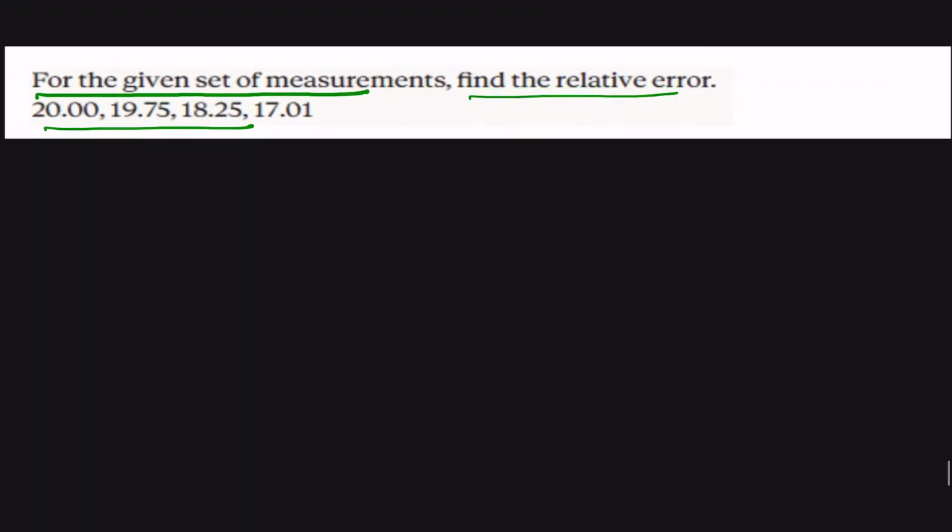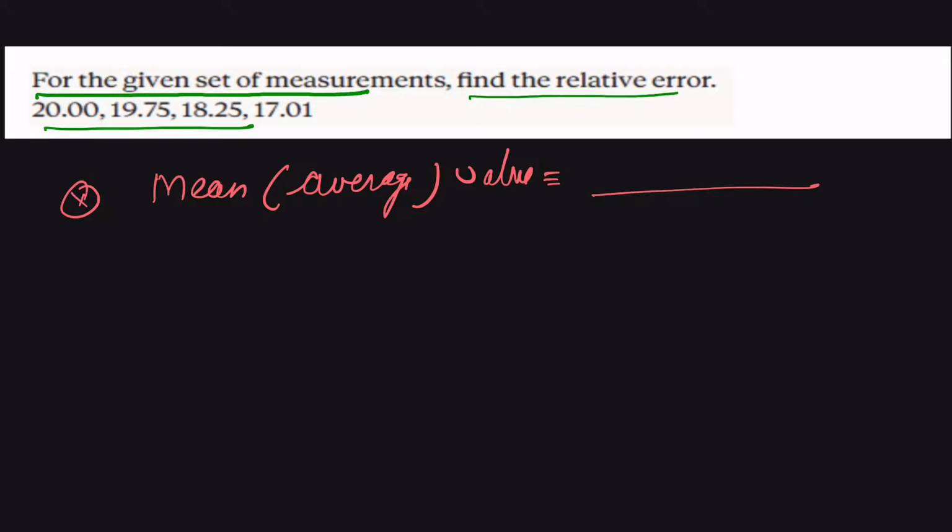So let us first of all find out the mean, or we can say the average value, and that will be equal to the sum of all measurements divided by the number of measurements.